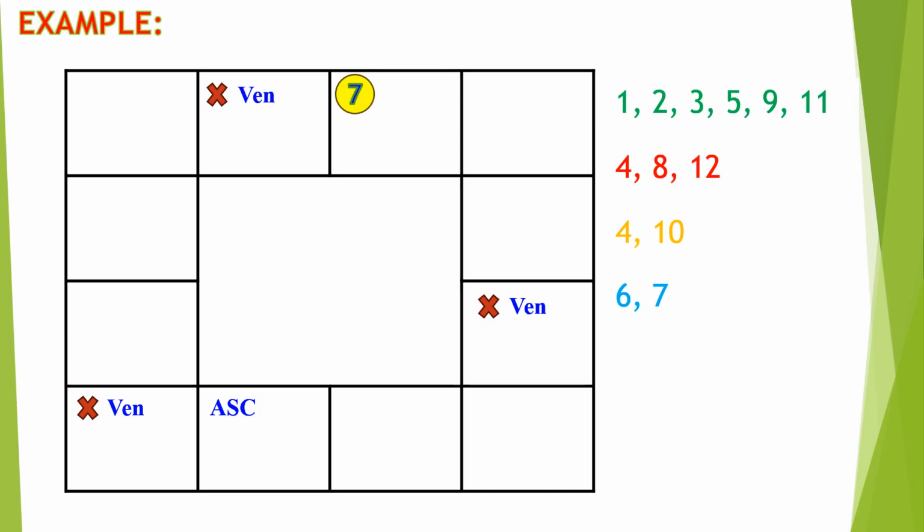So here Venus, the lord of the 7th house, if it is in the 10th, 2nd and the 6th house, then it will not benefit the 7th house. It will not give the benefits of the 7th house.